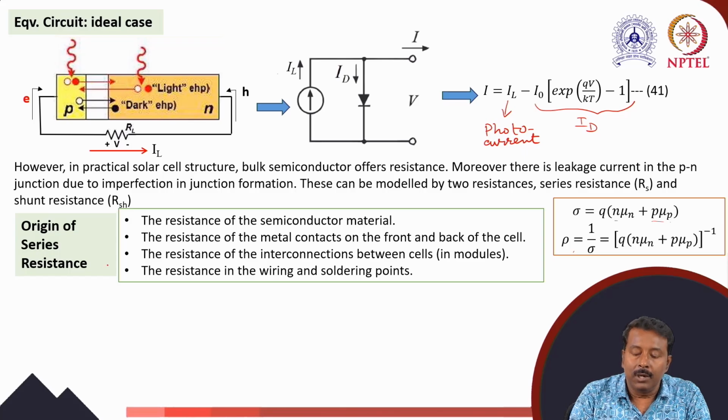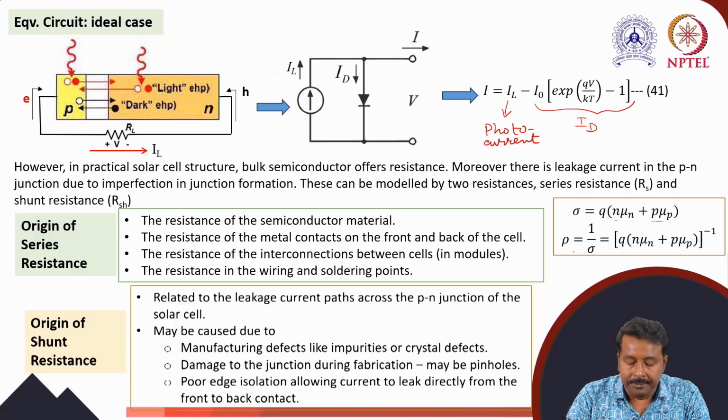Now let us consider the origin of shunt resistance. Shunt, by this meaning, there is a bypass path. So in the figure, we see that the flow of photogenerated carriers and flow of dark carriers both are crossing the PN junction.